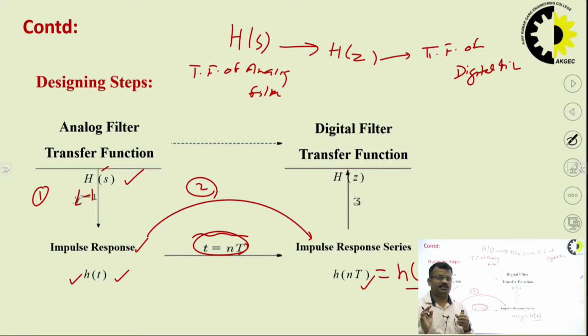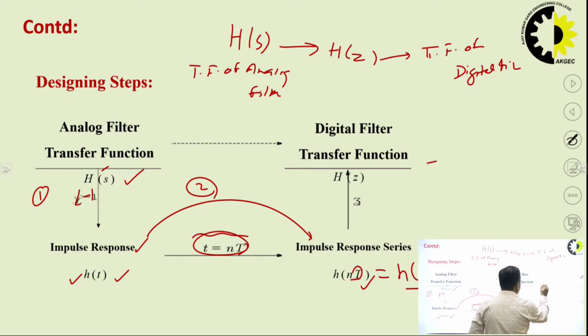So, this is our second step. The first step was to take the inverse Laplace transform for getting small h of t. After that, you do uniform sampling and convert this h of t into h of n. And T is our sampling time interval.